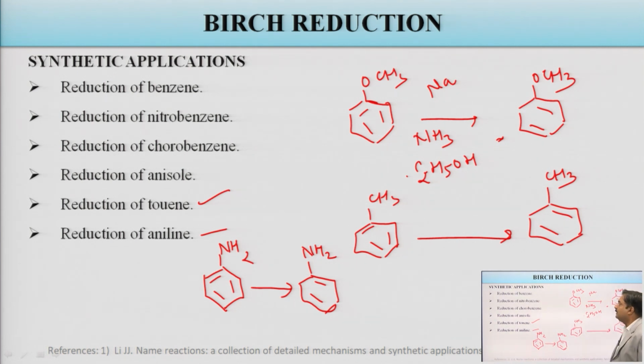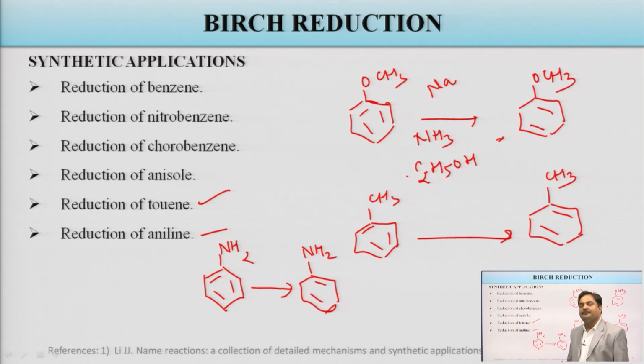So, these are all the applications of the Birch reduction which we can note down. Again, I am just revising the topic in a few points. Birch reduction is a reduction of the aromatic ring in the presence of an alkali metal like sodium, lithium or potassium. Ammonia should be there as a solvent and alcohol should be there as a proton donor.